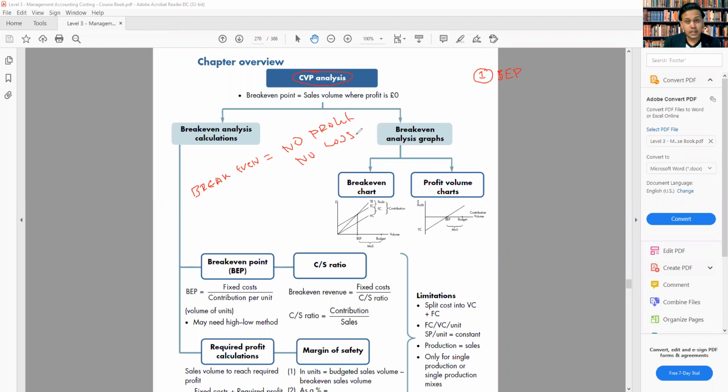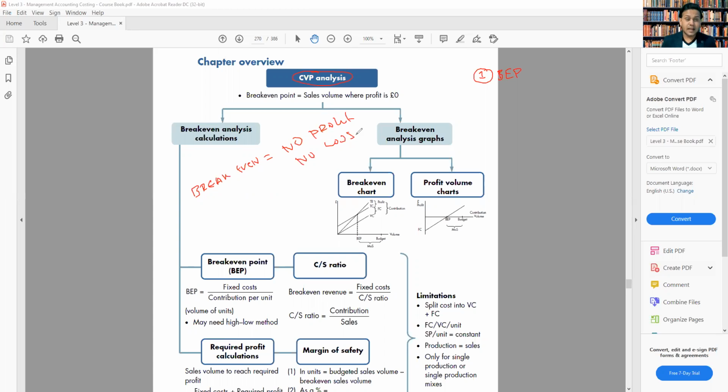If my break-even is 1000 pens, that means if I can sell up to 1000, I will cover my fixed cost. If I can sell up to the break-even amount, my fixed cost will be covered, and I will make no profit and no loss. So break-even means no profit, no loss.